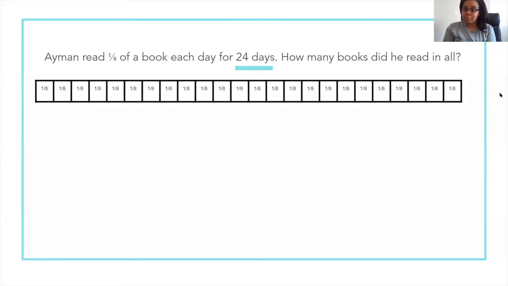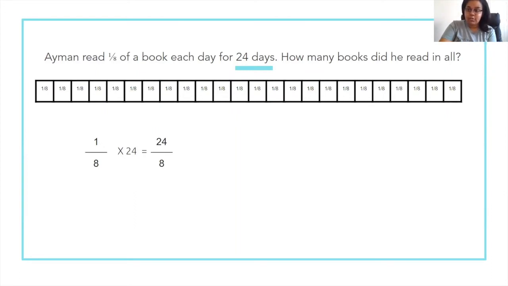And I could still use repeated addition for this problem, but I would just need to add 1/8 plus 1/8 plus 1/8 plus 1/8 24 times. So instead of doing that, I could say 1/8 times 24. I know that my denominator of 8 is going to stay the same in this case, and I know that 1 times 24 is 24.